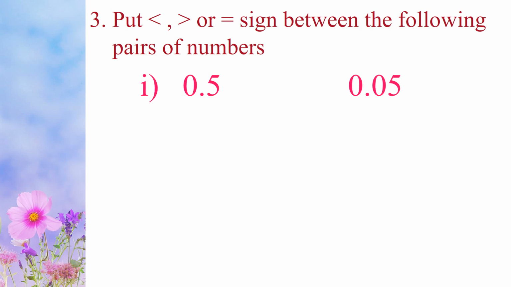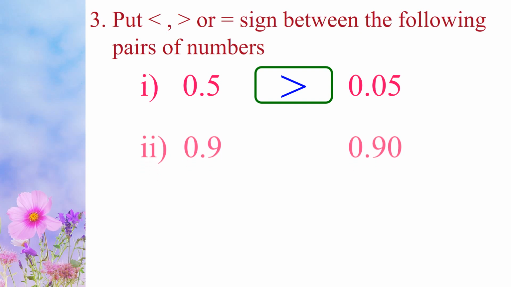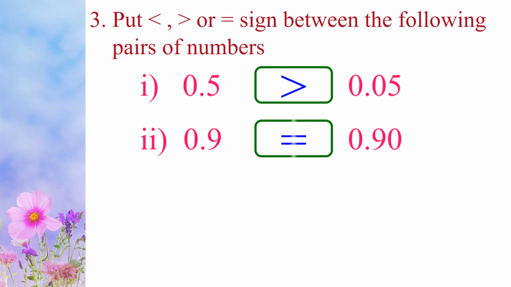Hence, by comparing the decimal part, we get 0.5 is greater than 0.05. Next, 0.9 and 0.90. The whole number part is the same, and the decimal part is also the same. So both are equal.